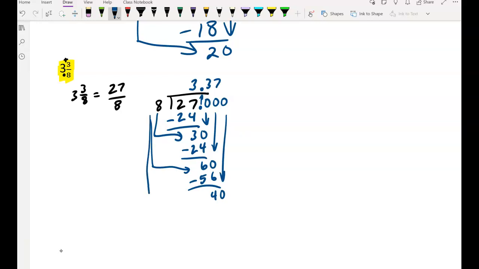Now I've got 40. 8 goes into 40 5 times. And 8 times 5 is 40. 40 subtract 40 is 0. Now I have no remainder, so 3 3/8 is 3.375, or 3 and 375 thousandths, because that last number is in the thousandths place.